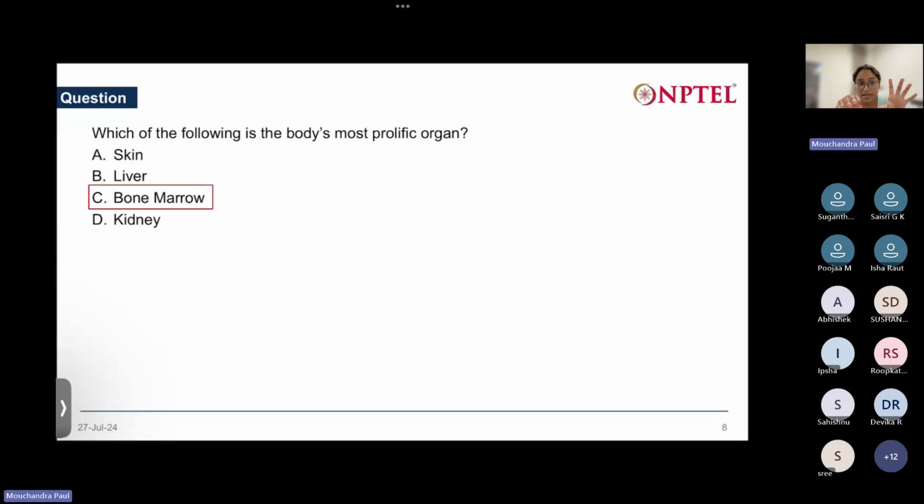Because the skin is composed of layers, the dermis layer and the epidermis layer. The dermis layer is basically your fibroblast cells, collagen and blood vessels. But the epidermis layer, which is just above the dermis layer, consists of different types of cells. The bottommost layer of the epidermis consists of stem cells.